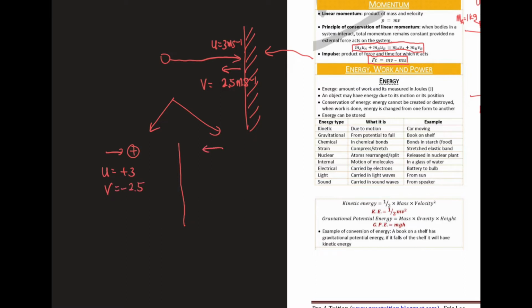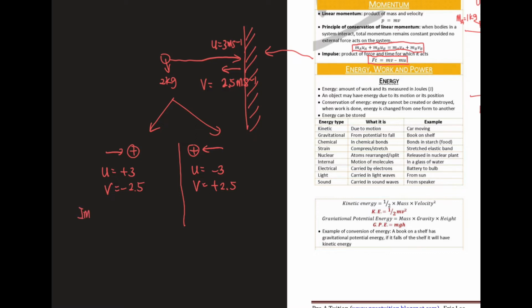The second situation I set here, left hand side, to be positive. Then my u is negative 3, my v is positive 2.5. So I put two situations, then we discuss on this. Okay, let's say the ball is 2 kg.